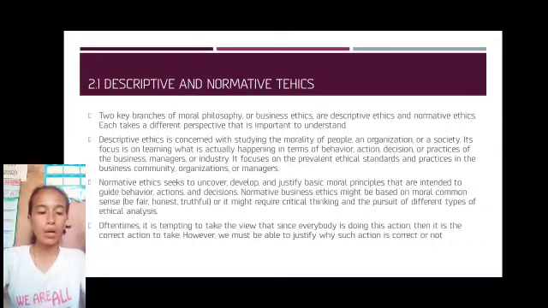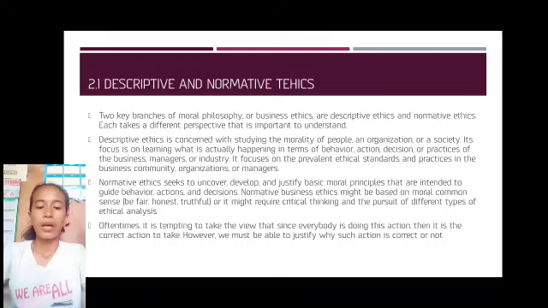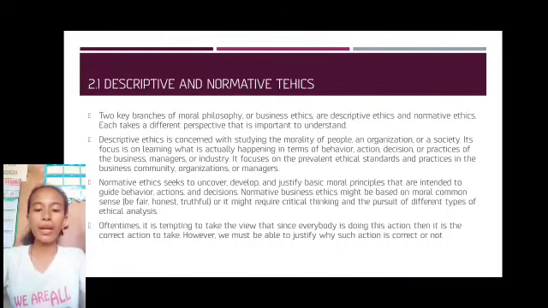Its focus is on learning what is actually happening in terms of behavior, action, decision, or practices of the business manager or industry. It focuses on the prevalent ethical standards and practices in the business community, organization, or managers.